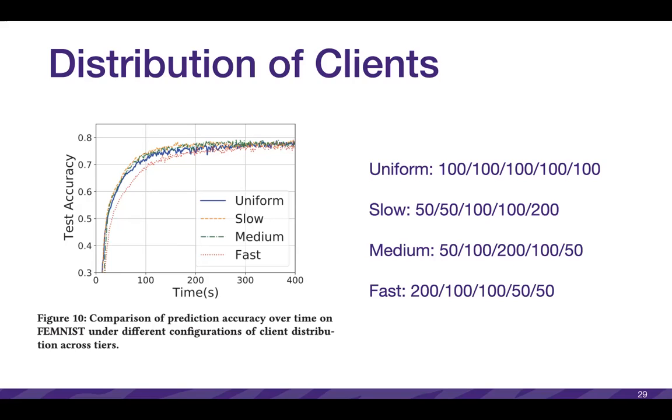So there will be more slower clients. And for the fast distribution, there will be more clients in the faster tiers. Because the faster tiers have a lower weight when doing the aggregation, the fast distribution has a worse performance compared with the others.